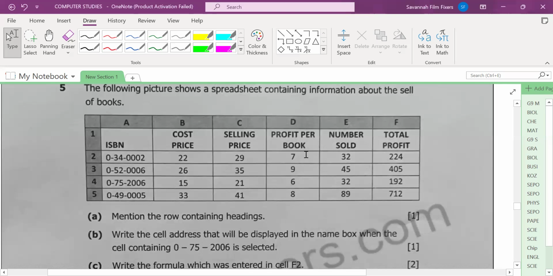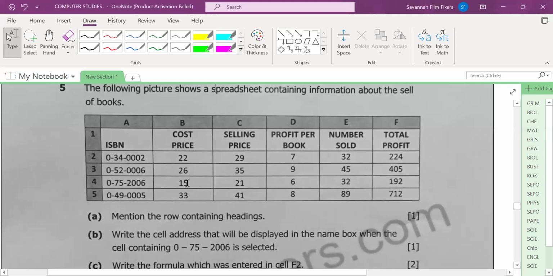Am I correct? Yes. Even for book number 3 here, the cost price is 26. I'm selling it at 35, and I've sold 45. The profit per sale is 9 kwacha, so 9 times 45 gives a profit of 405 kwacha.